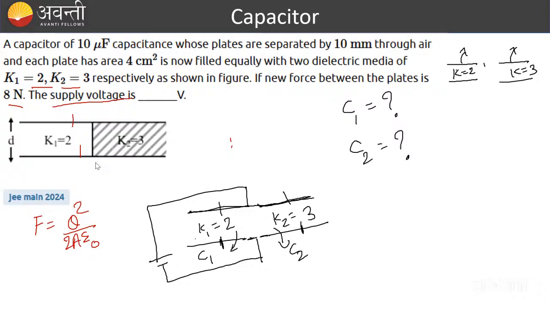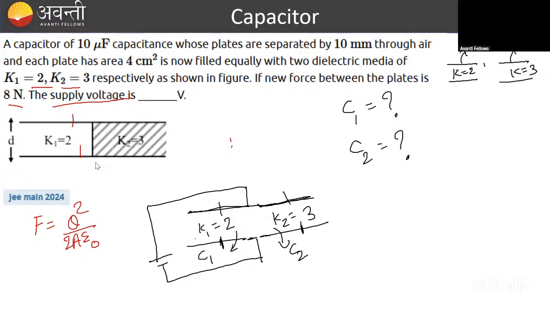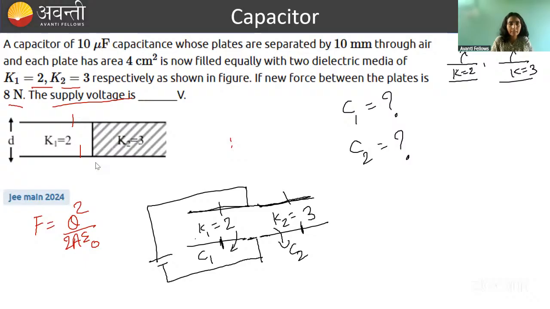Yes. Okay, C1. But how can you compare this C1 with 10 microfarad? What is given to us in the question? In the question it is given that this whole capacitor without dielectric is having capacitance equal to 10 microfarad.